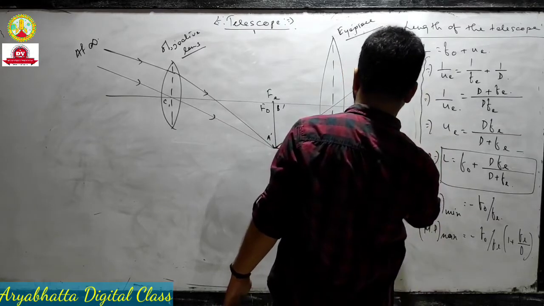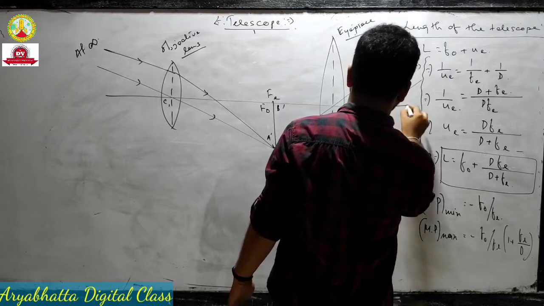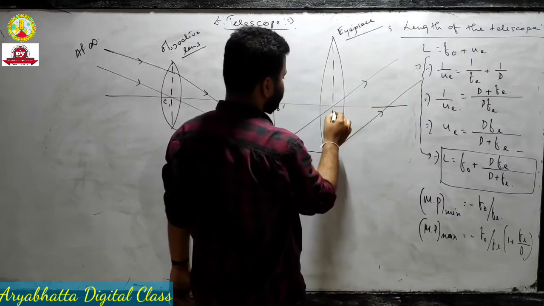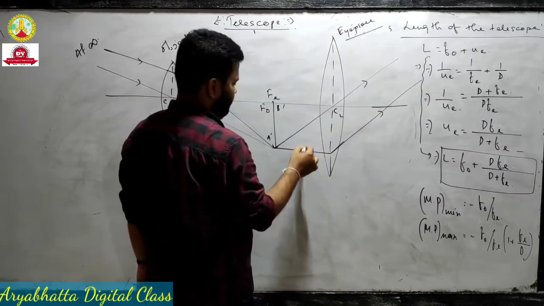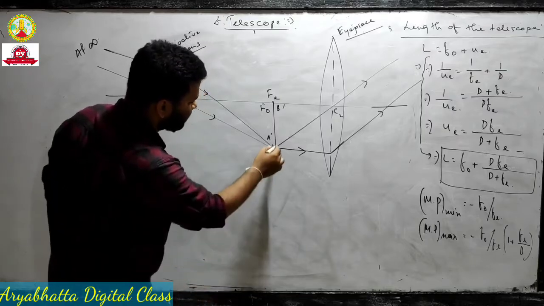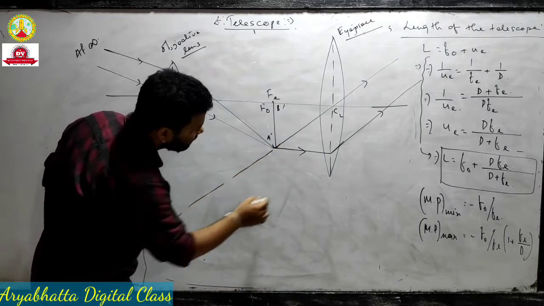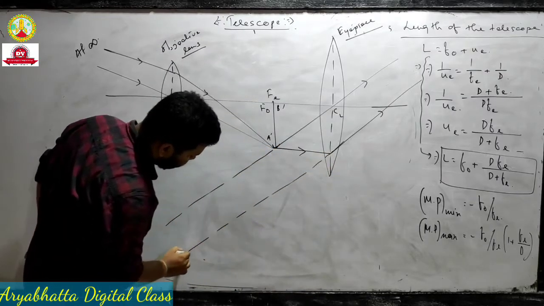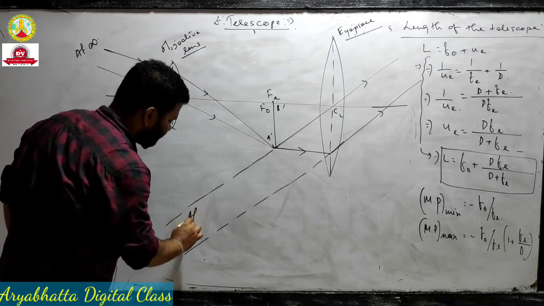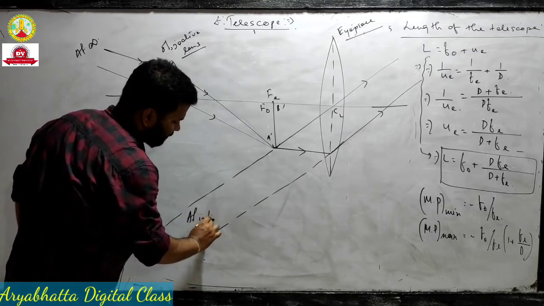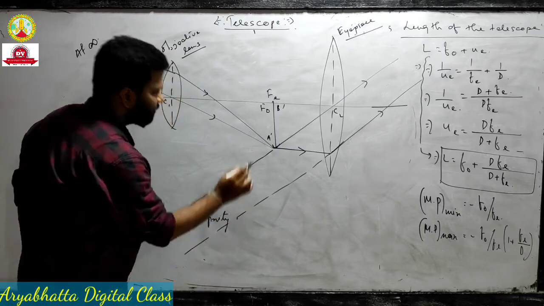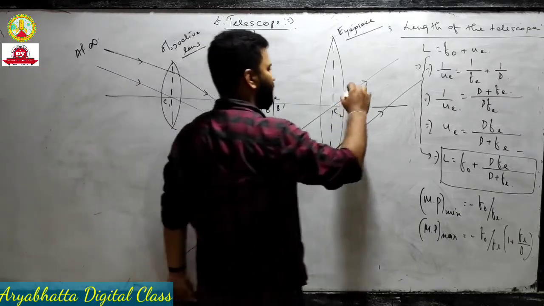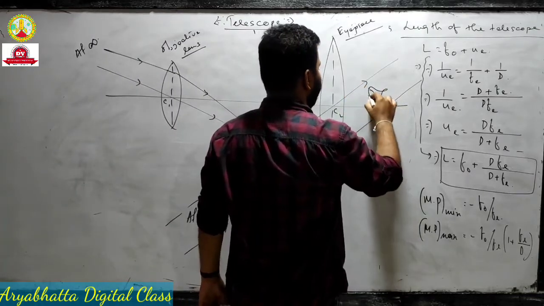Both of them are parallel, so they will not meet. So simply we extend. So where will the image form? At infinity. Okay, this is the position of our eyes.